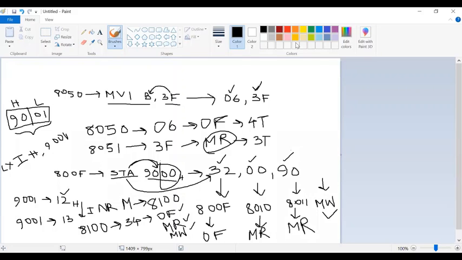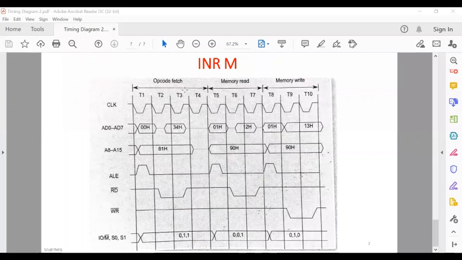Now move on to the slide. This one. First one is the opcode fetch machine cycle. The same type of graphical representations are there over here. So the read operation will be performed between the middle of T2 to the middle of T3, where the opcode of INR M, 34, is fetched and executed by the processor.